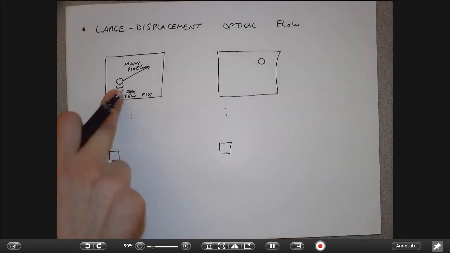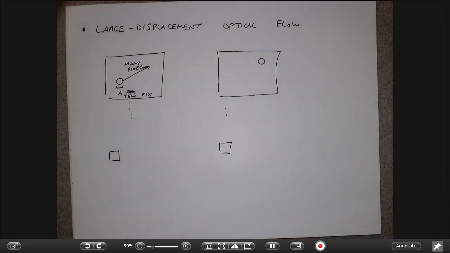For something like this, that object is not even going to become visible until I get to almost the finest level of the pyramid, and by that time it's too late. I don't have any big motion vectors that I can add to that point, right? And so that's a problem for really fast-moving video, for example.